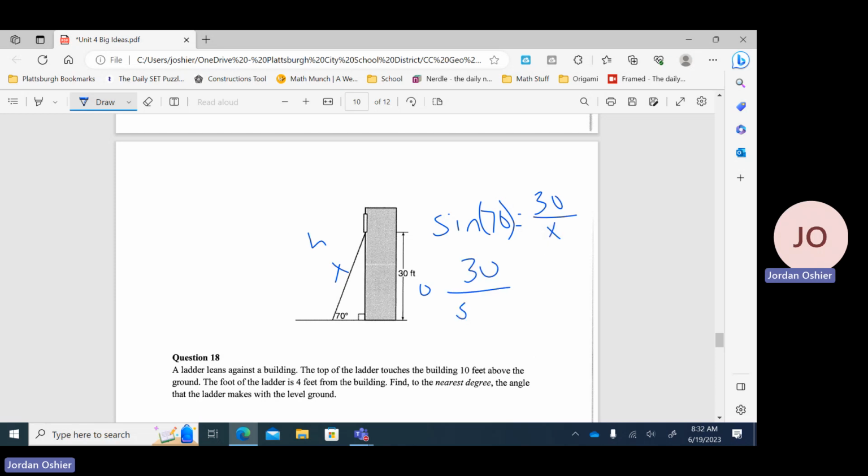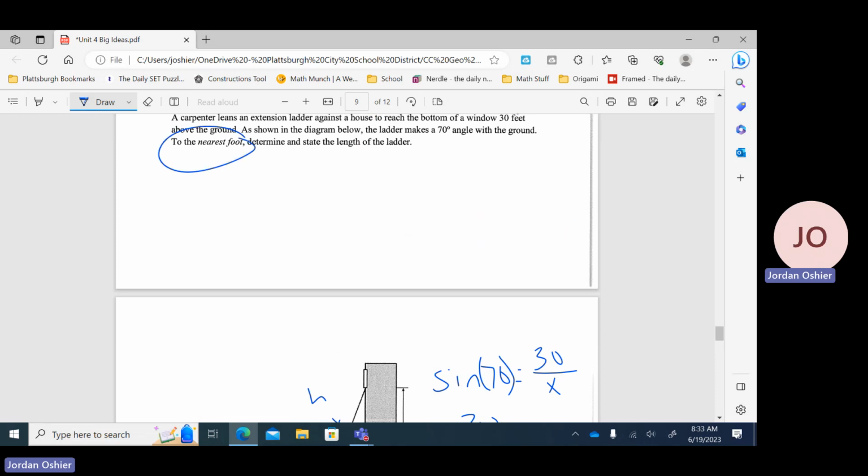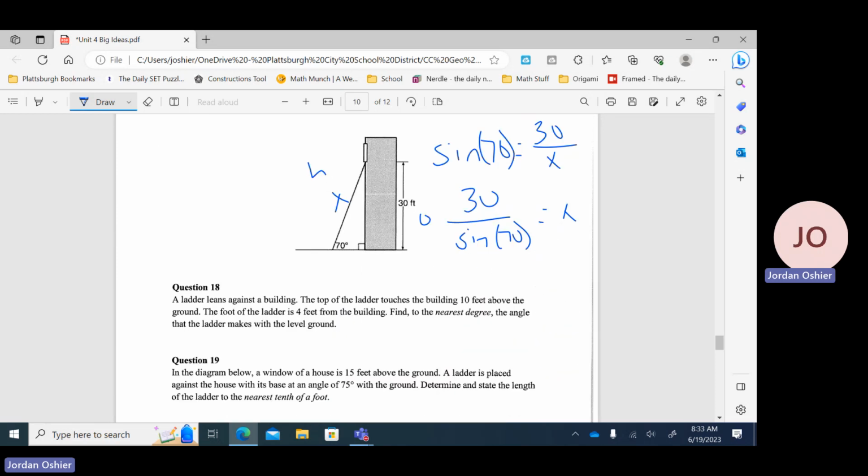Again, this would be a division question because x is on the bottom. So 30 divided by the sine, not the inverse of sine, of 70, and that's 31.925 and change, and it wanted the nearest foot. So notice I always go back and check that. So the nearest foot would be 32.